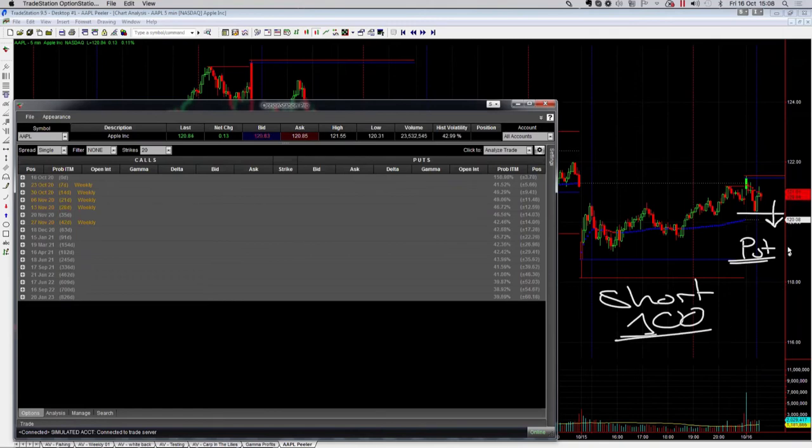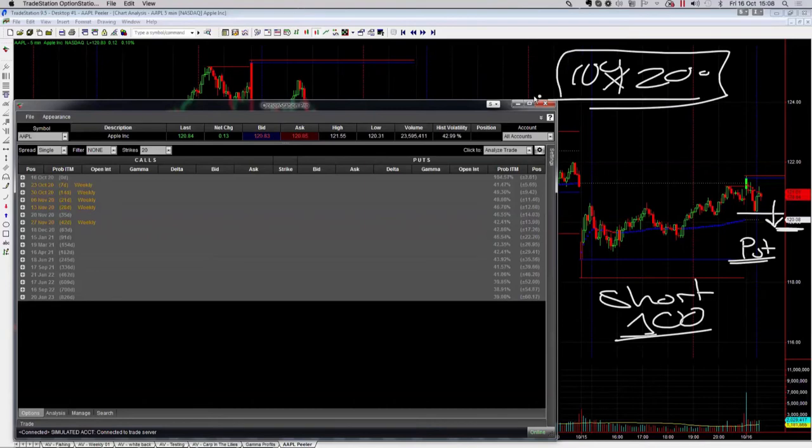If you've got a cash account, assuming that you can sell short, and you wanted to sell 100 shares, it's going to cost me 100 times $120. That's my cash requirement for an account. If you've got a margin account, maybe you're paying 20, 25, maybe 50% margin on your stock at the moment.